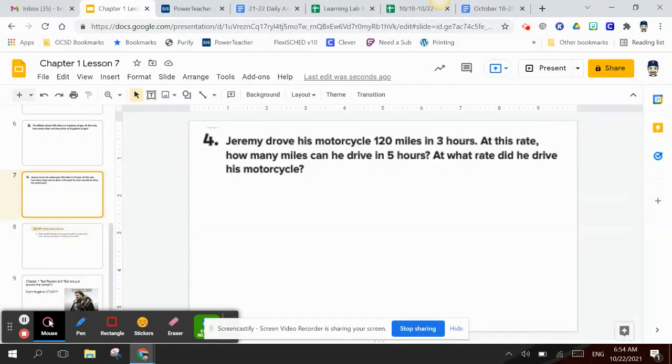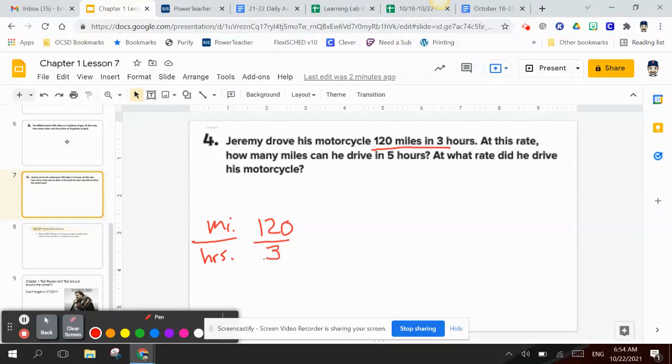And example number 4 says Jeremy drove his motorcycle 120 miles in 3 hours. At this rate, how many miles can he drive in 5 hours? So what is the rate that he drove? So if I look at this, again, I set it up with 120 miles over hours. So I have 120 miles in 3 hours.